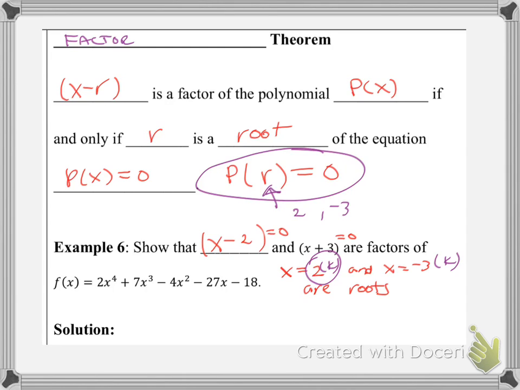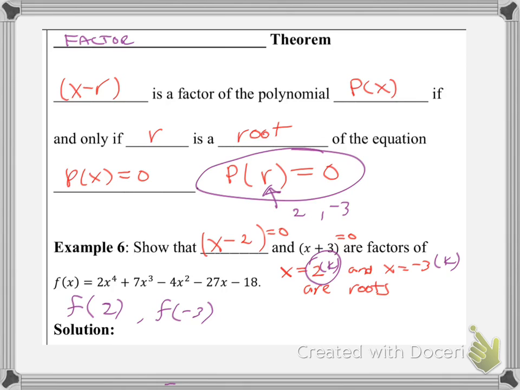Okay. Now if you want to, you can just plug in f of 2 and f of negative 3 and show that you're going to get 0. But again, thinking about it, if you don't have a calculator, those numbers to the 4th and to the 3rd, those numbers can get big.